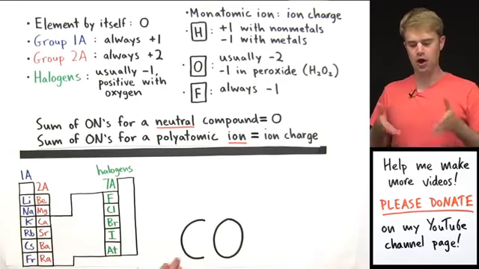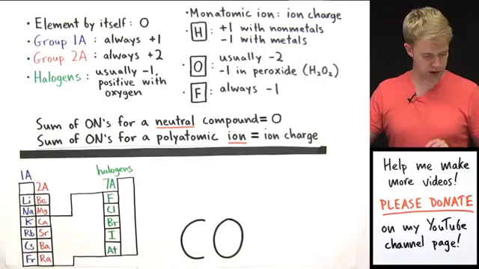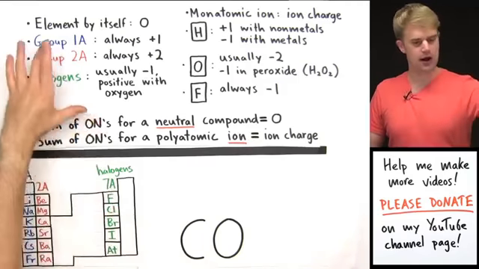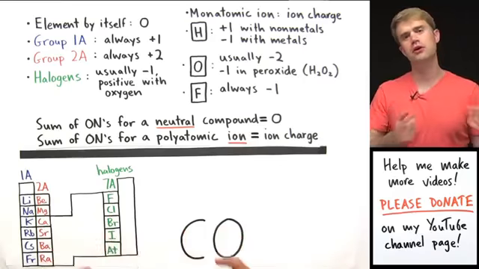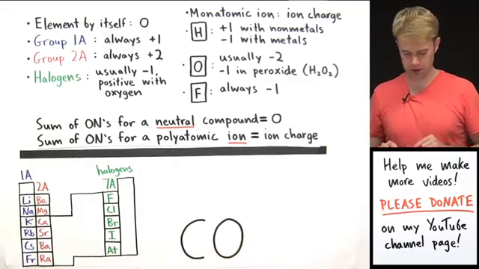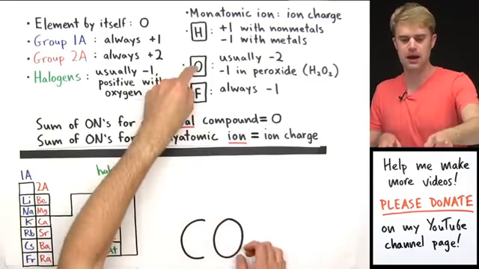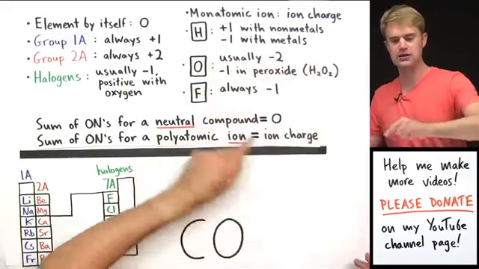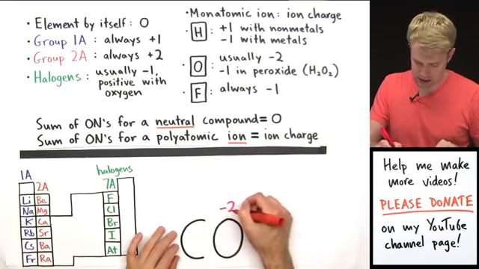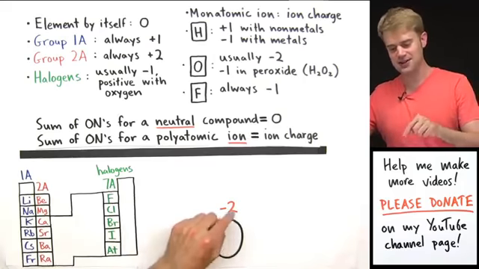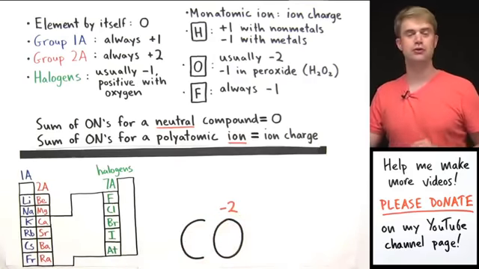CO, carbon monoxide. Let's figure this one out. Okay, so C here, there isn't any rule for carbon. So we'll have to figure it out based on what we do know. Okay, so we do know oxygen. Oxygen is usually -2 unless we're in a peroxide, definitely not a peroxide. So we can safely say that oxygen's oxidation number is -2.